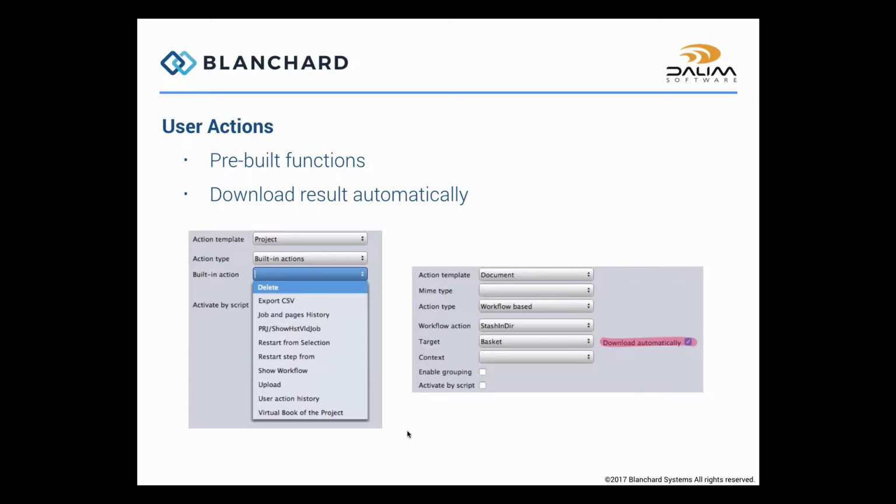There are also some new enhancements to the user action functionality within ES, namely the inclusion of some pre-built functions. In previous versions of ES, you were limited to basically using a user action as a wrapper around a document workflow or project workflow or something of that nature. In ES5, you have the ability to choose also from a list of built-in actions, for example, to export a CSV or restart workflow processing.